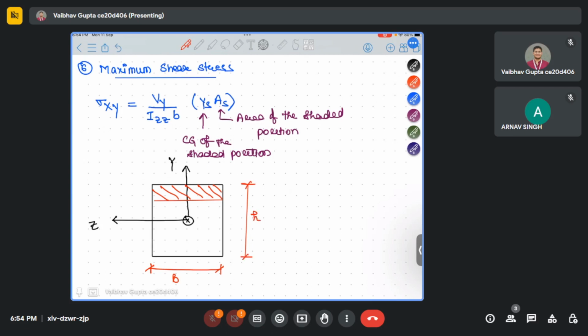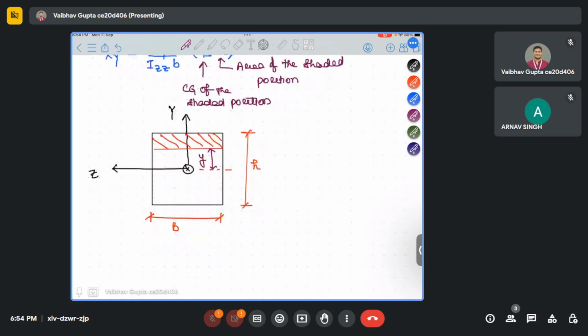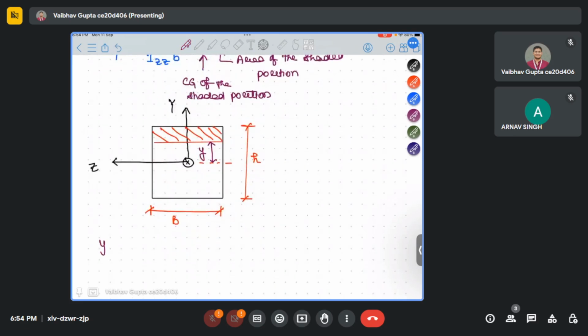The distance from the CG to the shaded portion is this y. So what is ys here? What is this distance? This distance will be equal to h by 2 minus y, because the CG is at h by 2. So what is ys?